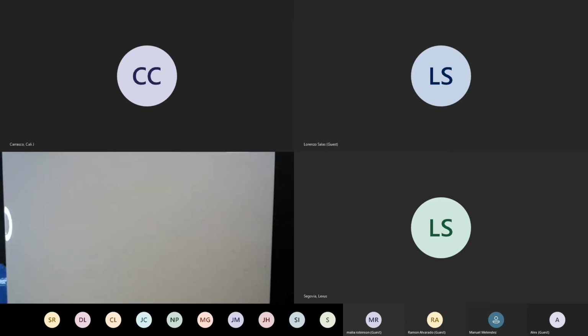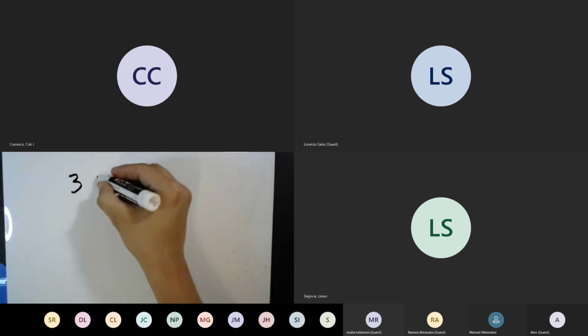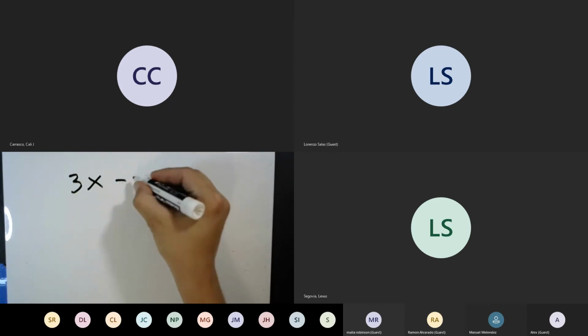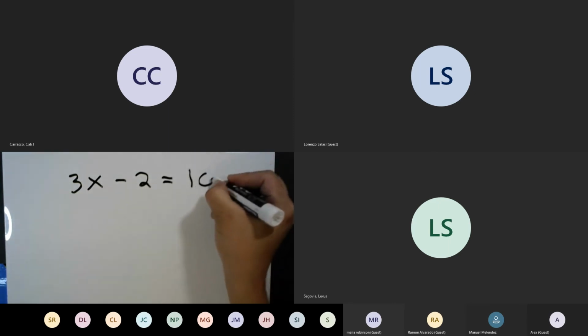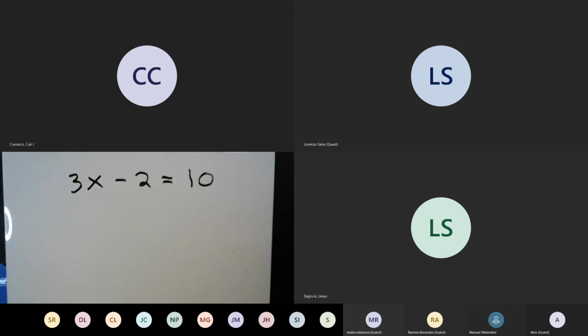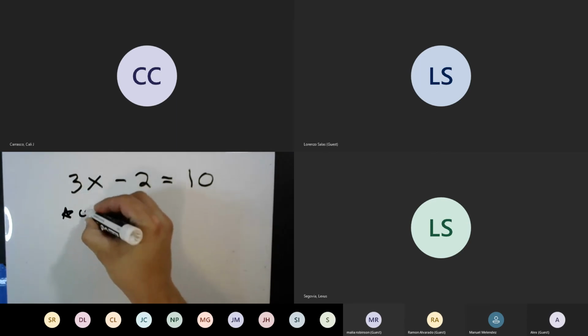Let's go back to this one. 3x minus 2 is equal to 10. So we have a choice between subtraction and multiplication. We want to undo subtraction or undo multiplication. We're going to do the subtraction first. We'll undo that first.